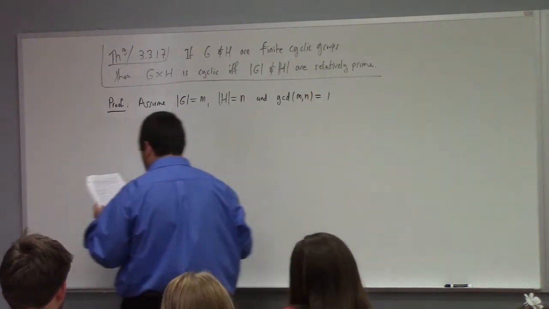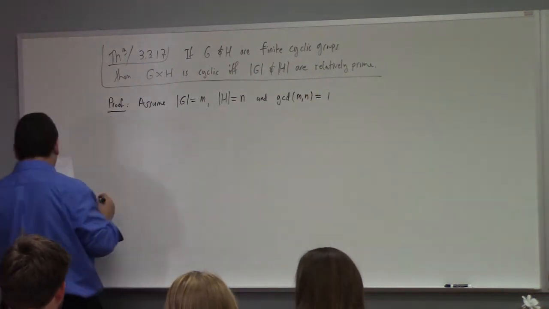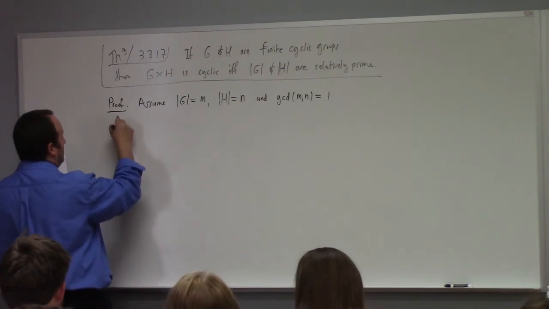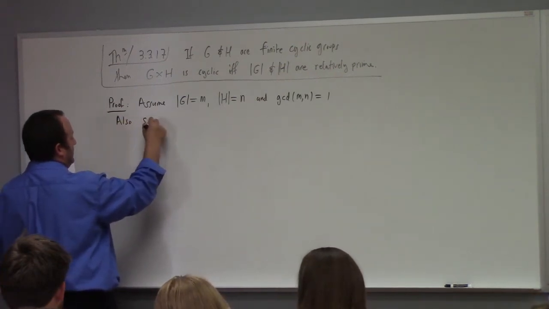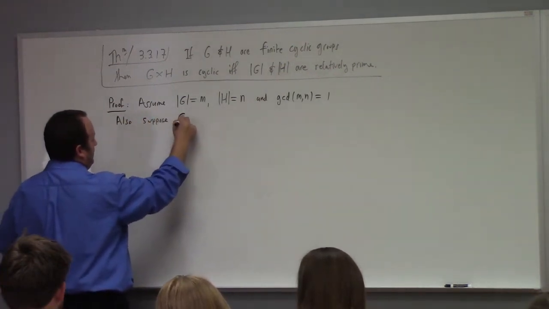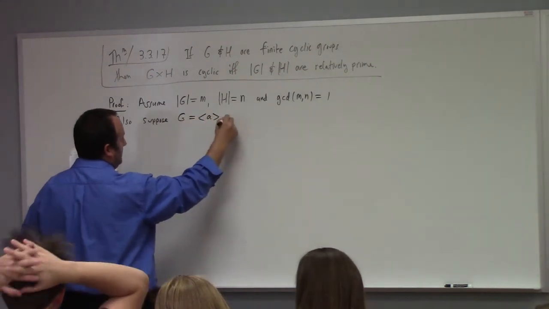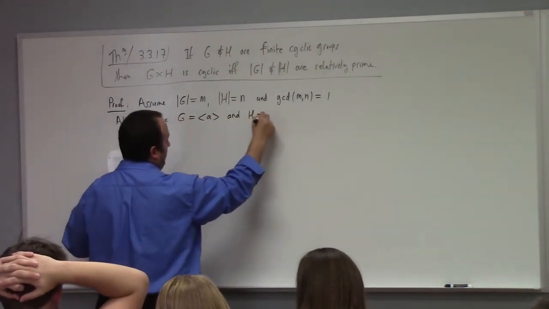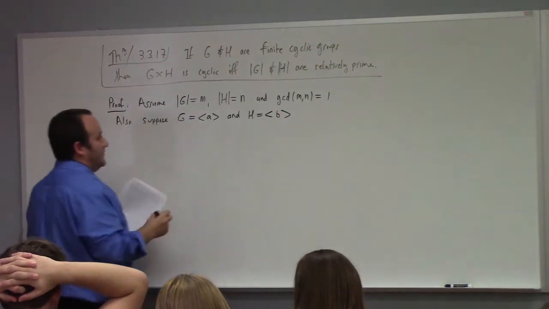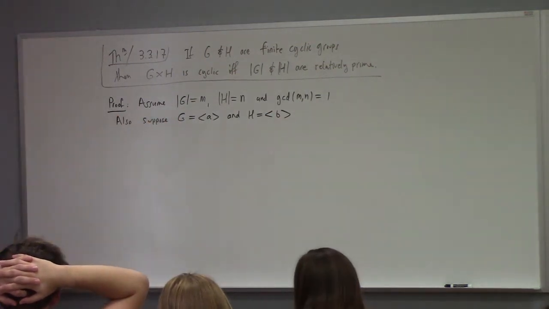In other words, they're relatively prime. Also, suppose that G is generated by A and H is generated by B. In other words, I'm assuming G and H are both cyclic, one with generator A, one with generator B. All right?